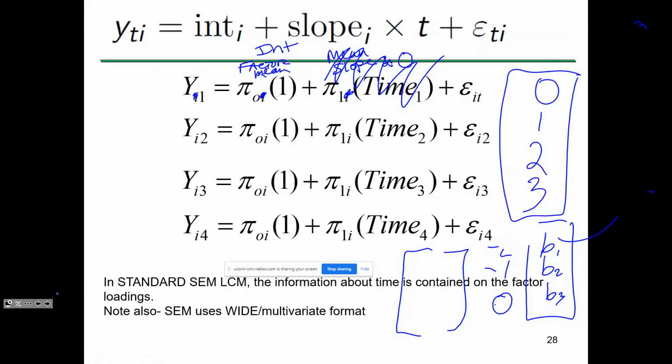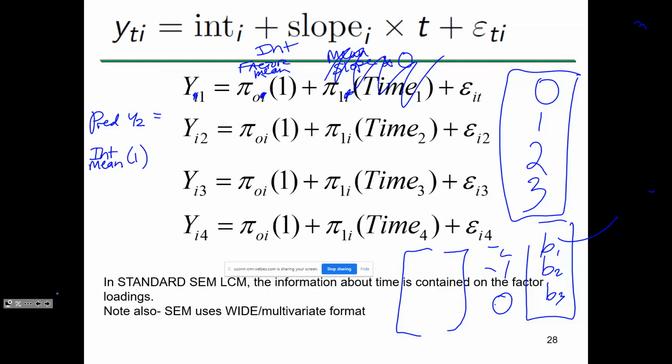So here, the predicted Y1 is just whatever the mean of the intercept is. But at the second time point, the predicted Y2 is going to be the intercept factor mean times 1. It's always times 1, right?